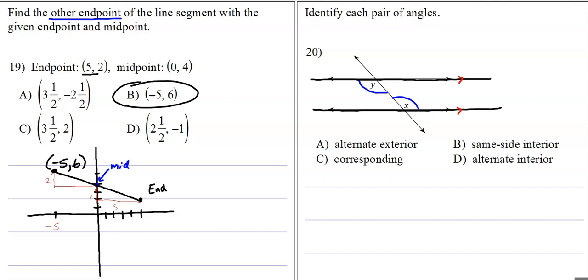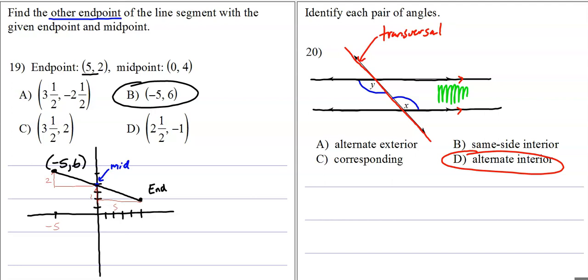Those two angles are called alternate interior. Interior because they're both inside the parallel lines. Alternate because they're on opposite sides of this transversal. A line cutting across two lines like that is called a transversal.